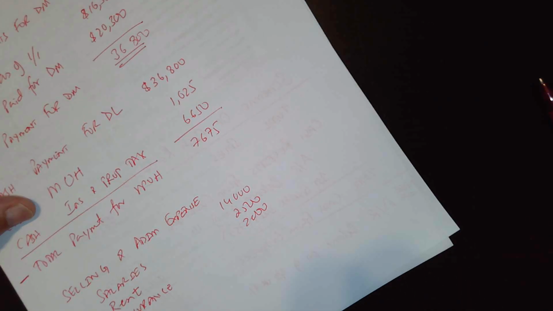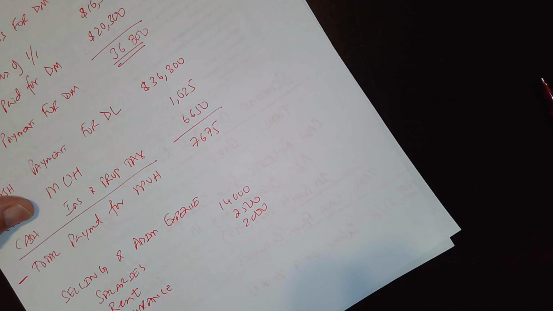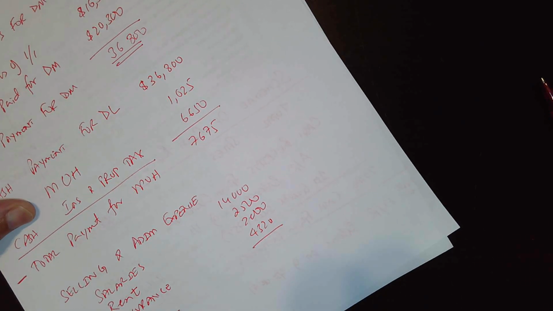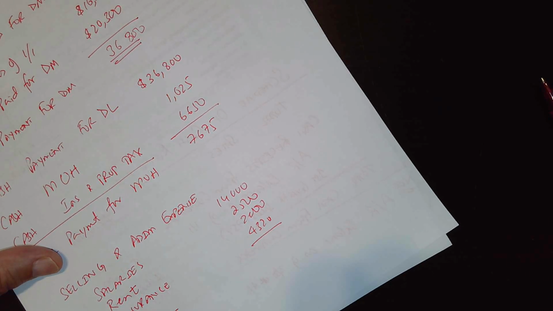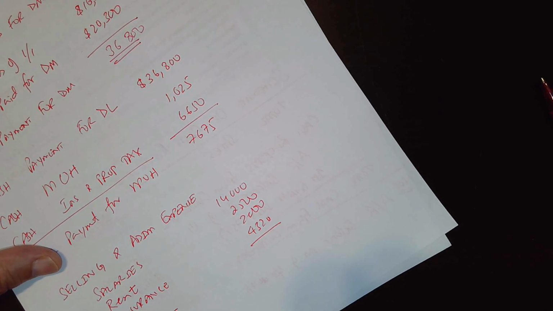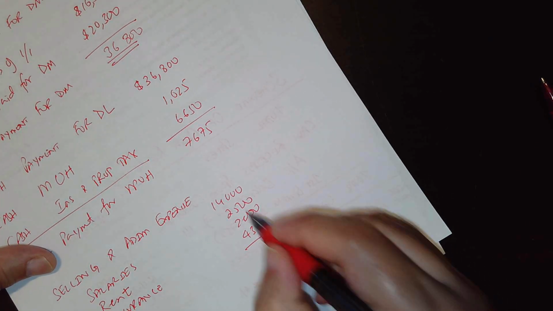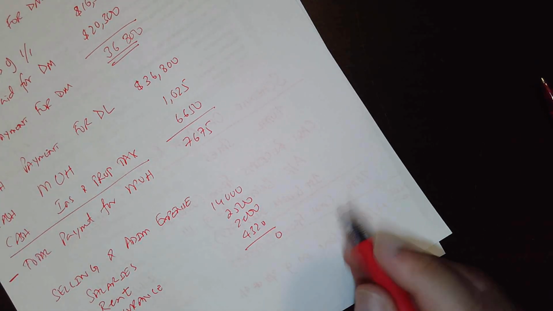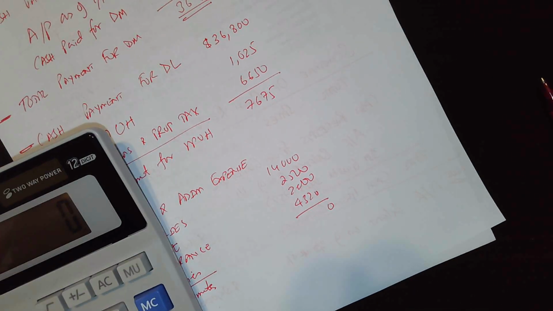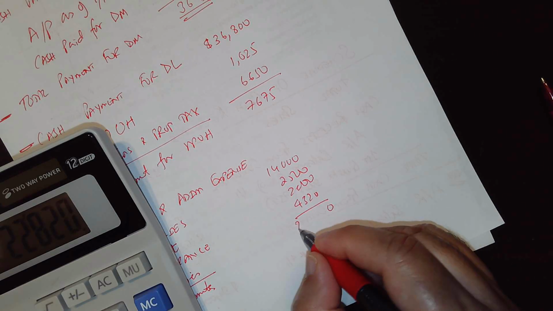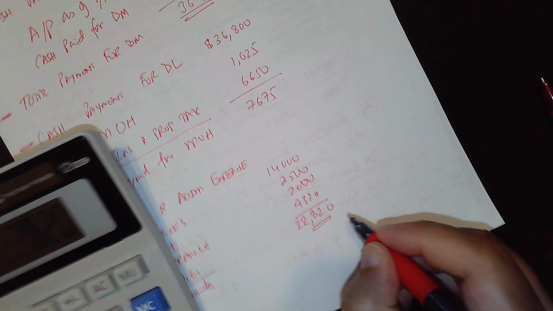And we also have supplies for $4,320. So the total payments for selling and admin, let's use a calculator. 14,000 plus 2,500 plus 2,000 plus 4,320 is 22,820. All right.